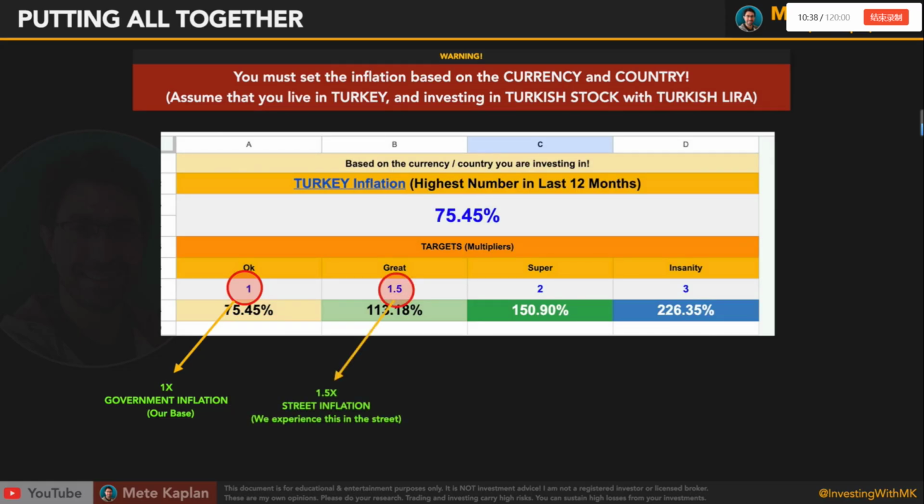My research on the street shows that all the people in the street feel an inflation of 1.5 times more than government inflation. So this will be my street inflation. Then I set my personal targets as 2 and 3. And you may ask why.